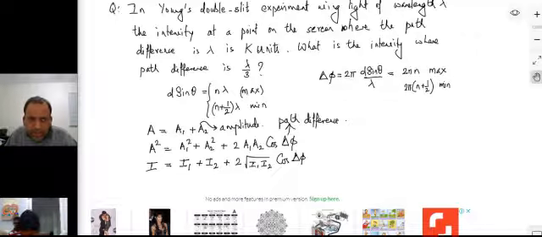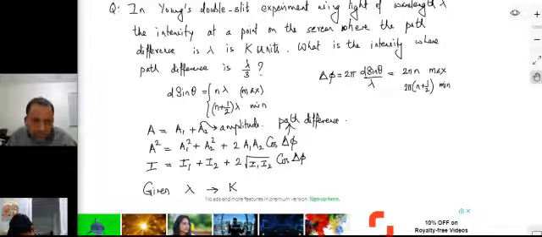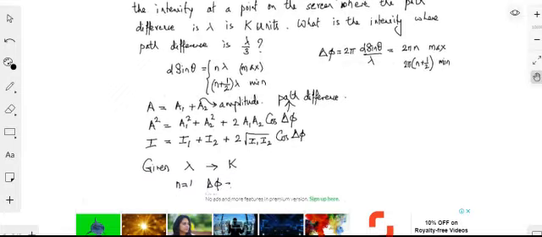Now, what they have told us is that if the path difference is lambda, that means n equal to 1. So for n equal to 1, cosine of 2 pi, that means delta phi is just 2 pi.